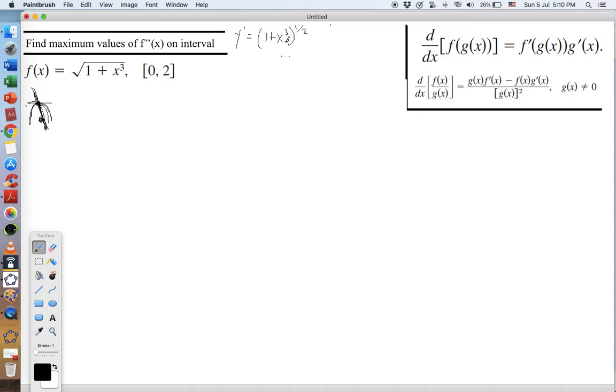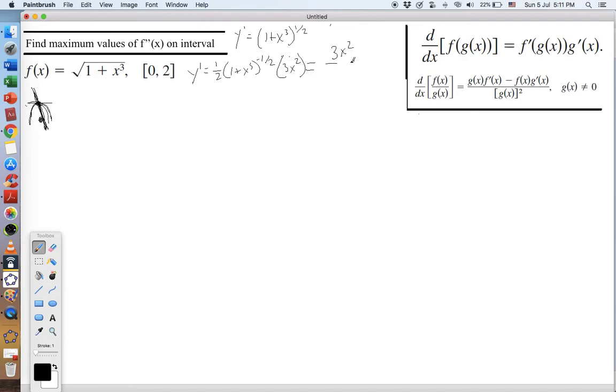We're going to treat this inside function as a u, so we got y prime is equal to, we're going to drop down that power using the power rule, 1/2 times 1 plus x cubed, subtract 1, we get negative 1/2 there, multiply all that by the derivative of the inside function using the power rule for x cubed, we get 3x squared, the derivative of a constant changes to 0, let's simplify that.